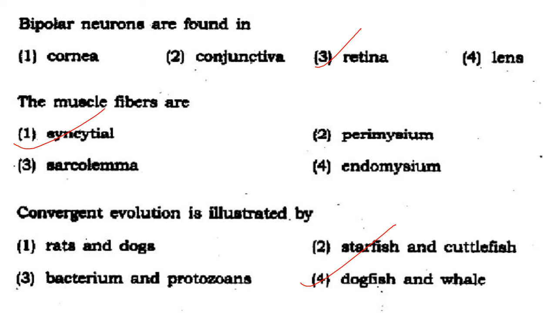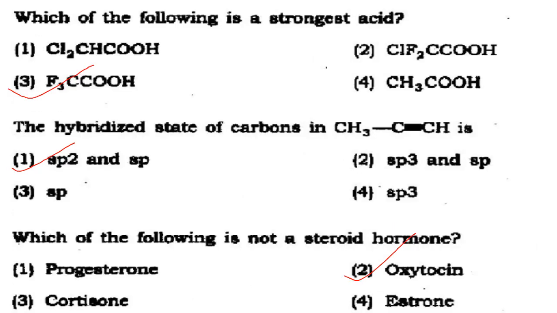Bipolar neurons are found in cornea, conjunctiva, retina, lens. Answer is retina. The muscle fibers are syncytial, perimysium, sarcolemma, endomysium. Option 1, syncytial. Convergent evolution is illustrated by rats and dogs, starfish and cuttlefish, bacterium and protozoans, dogfish and whale. Answer is dogfish and whale.